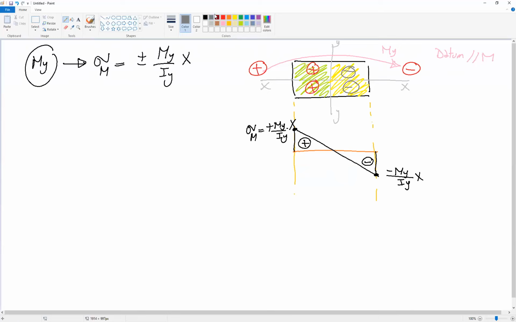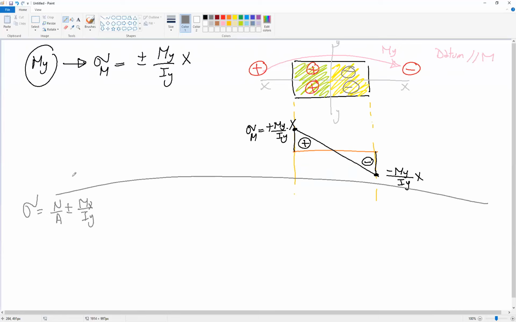Now if we have a combination between M and N, sigma equals N by A plus or minus Mx by Ix multiplied by y. How can we do this?